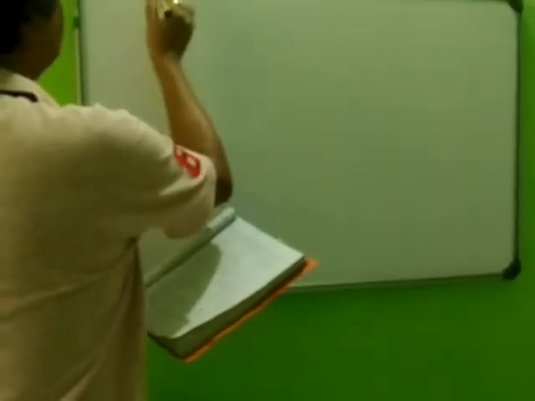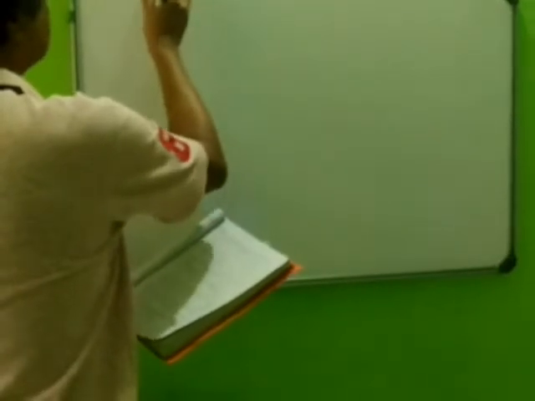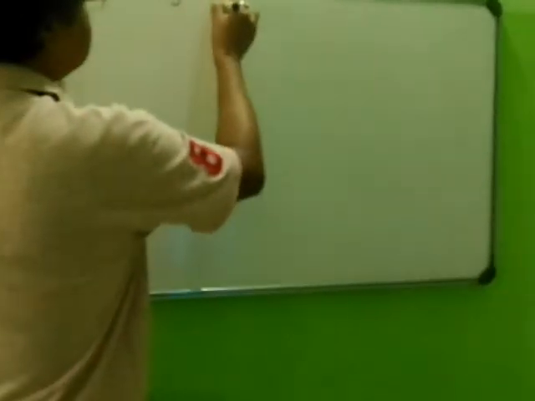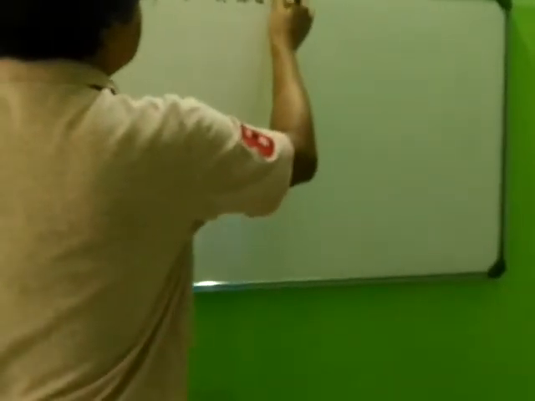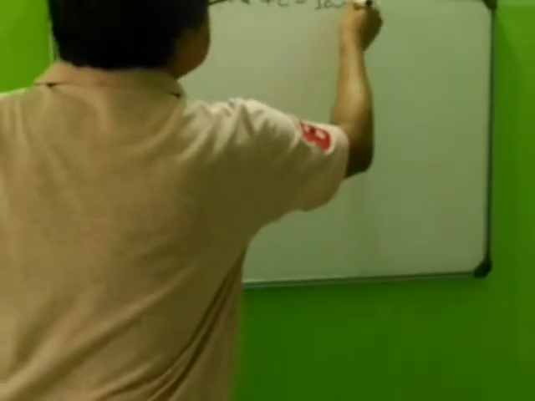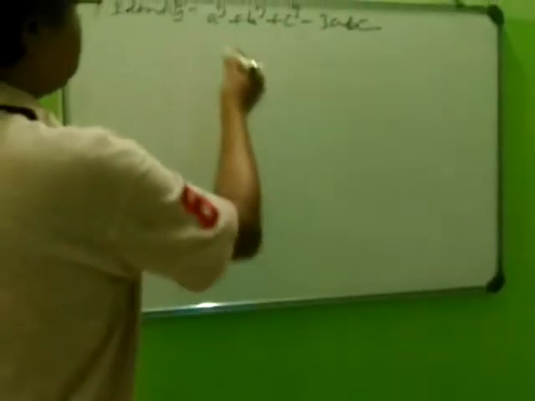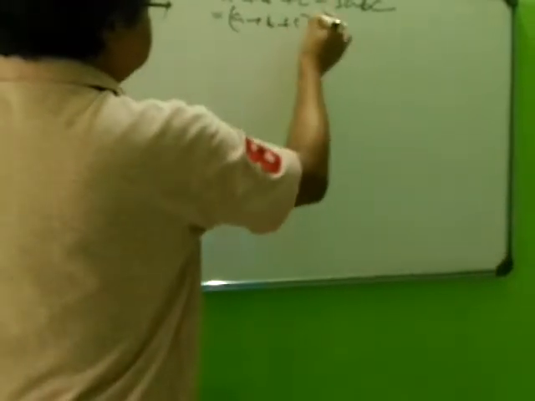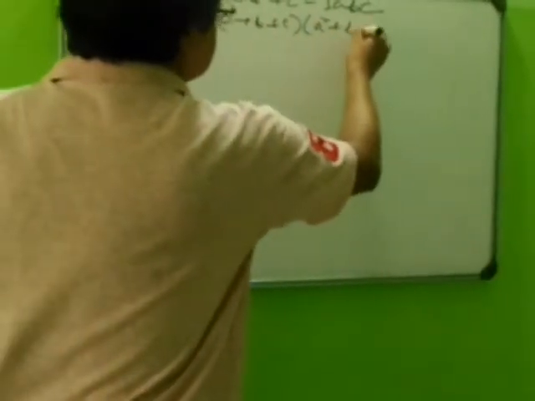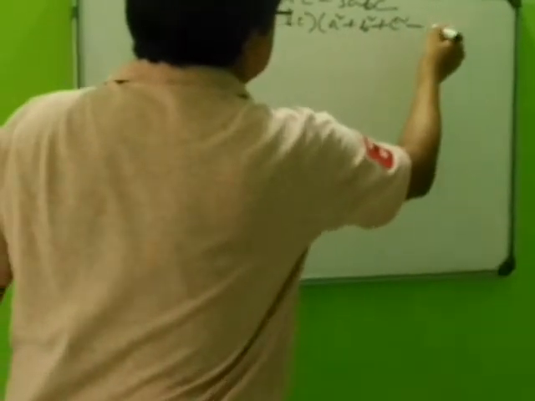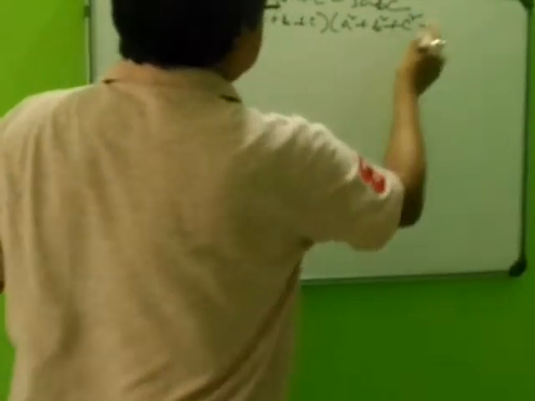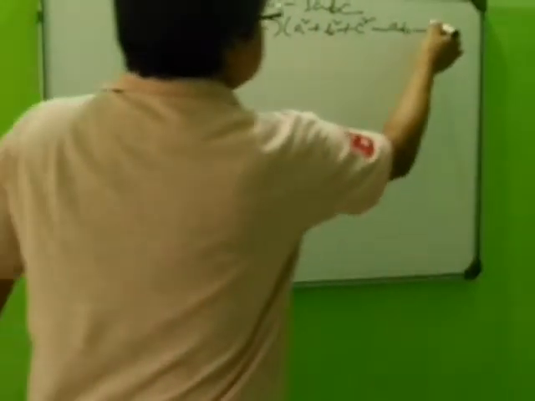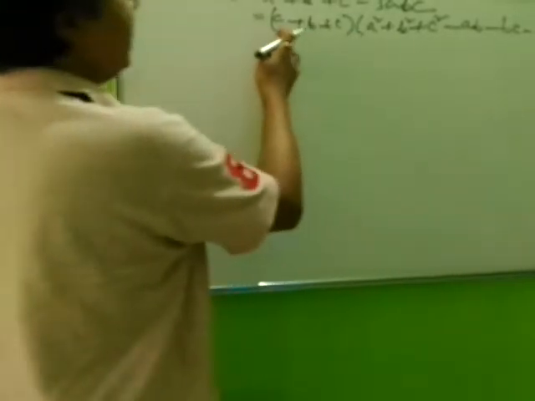Let us take one more identity. a cube plus b cube plus c cube minus thrice abc equals a plus b plus c into a square plus b square plus c square minus ab minus bc minus ca.